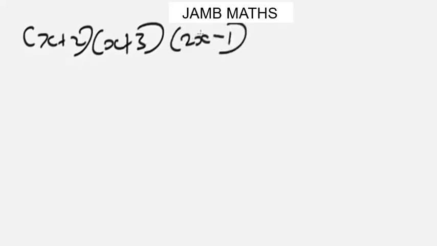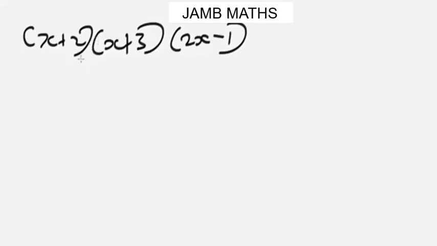And we are asked to simplify this algebraic expression. Note that whenever you are dealing with triple brackets, your result will usually be a cubic expression, whereas when you are dealing with double brackets, your result will usually be a quadratic expression. So let's go ahead and simplify this together.